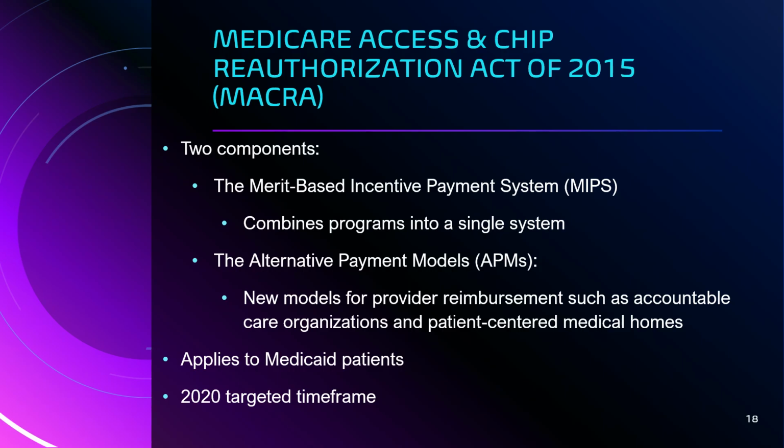Higher annual payments starting in 2026 are going to be for those who fully participate. We have greater transparency around physician-focused payment models. So APMs often take the form of accountable care organizations, patient-centered medical homes, or bundled payment models where providers are paid for managing a whole episode of care instead of billing for each piece separately.